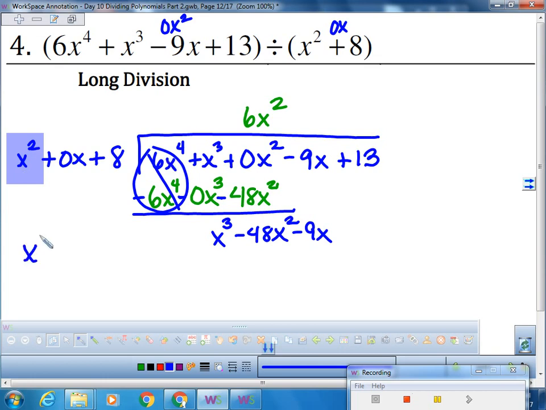I have to multiply x squared by something in order to get 6x to the 4th, because this number times this number has to make this number in order for it to go away. So what do I multiply by to get 6x to the 4th? I have to multiply by 6, right? And then I have to multiply by x squared. You know what I mean? Use your multiplication to find what number that has to be.